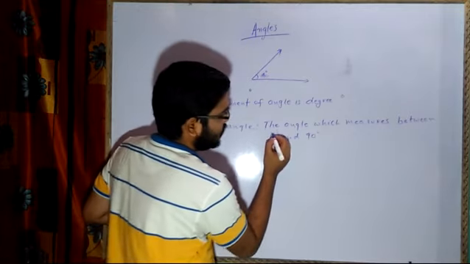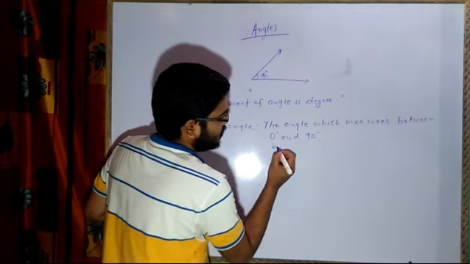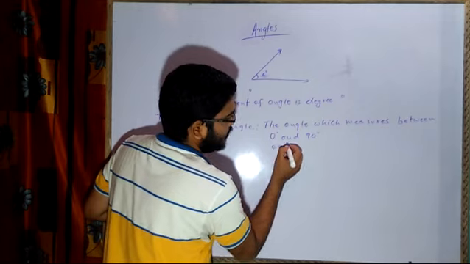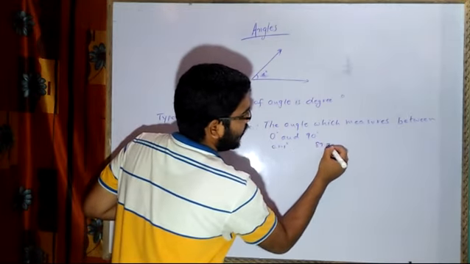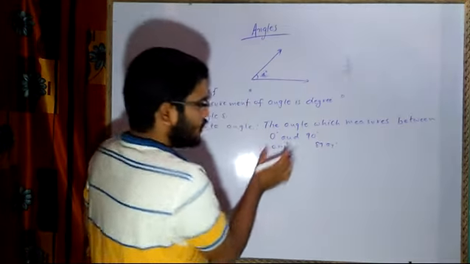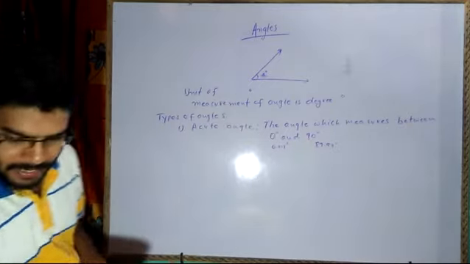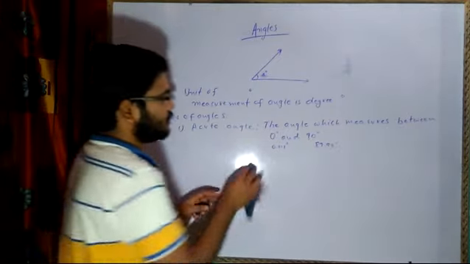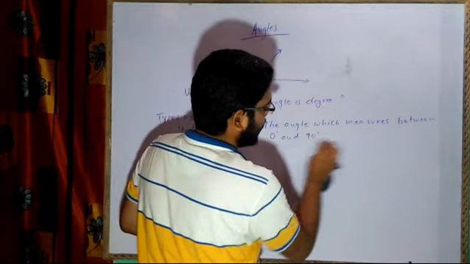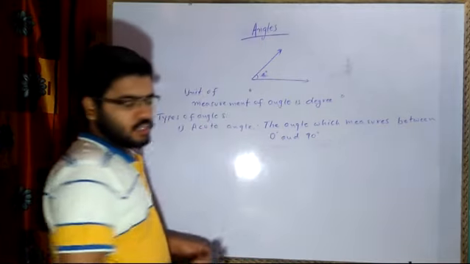That means your measurement will start from, suppose, 0.001 degree up to 89.99 degree and so on. So it should be between 0 and 90 degree. That type of angle measurement is said to be an acute angle.